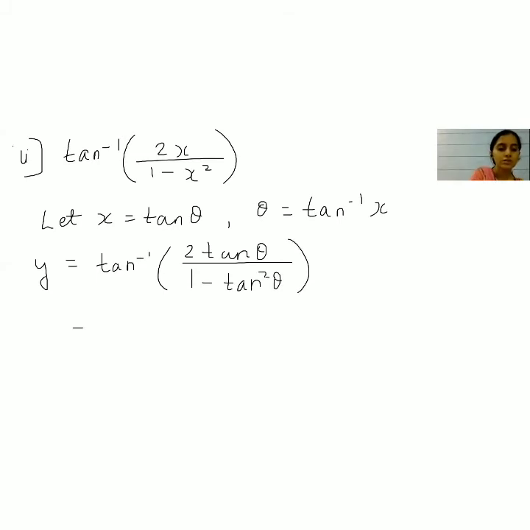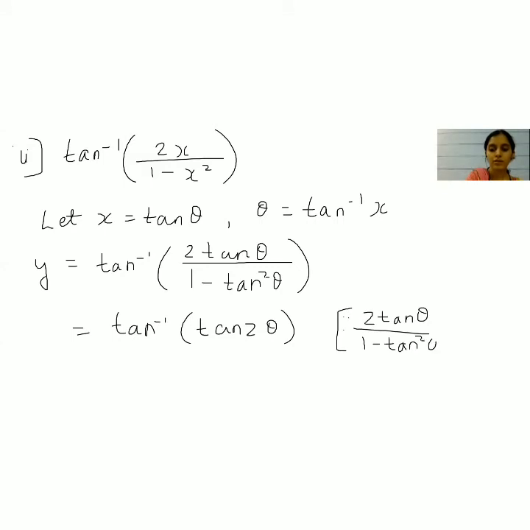Okay, this is equal to, now what is this formula for? 2 tan theta upon 1 minus tan square theta. It is for tan 2 theta. So we'll say tan inverse of tan 2 theta. Okay, and here we can put it in brackets, since 2 tan theta upon 1 minus tan square theta is equal to tan 2 theta.